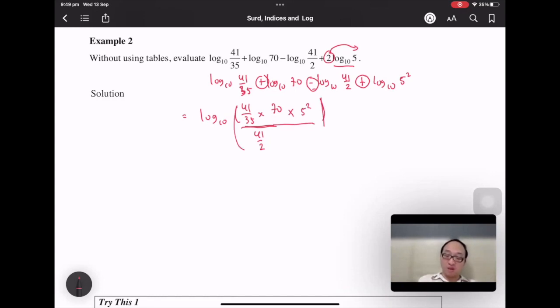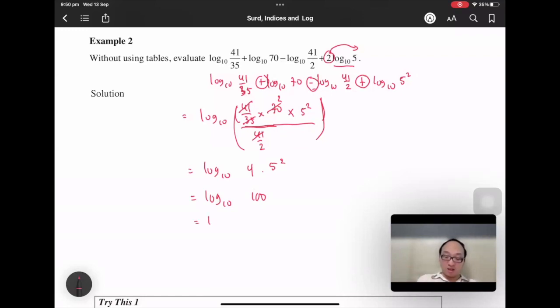So we can simplify this, log 10. I can cancel, this is 2. And 41, 41. So it's 4 times 5 squared. And we can simplify log base 10 of 100.